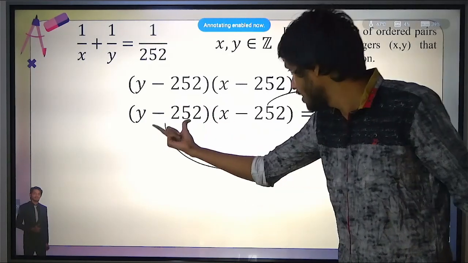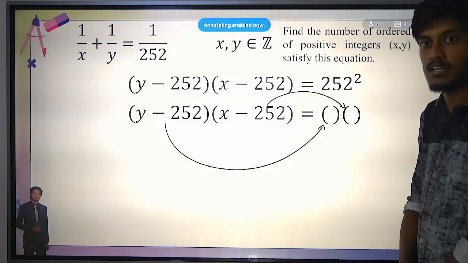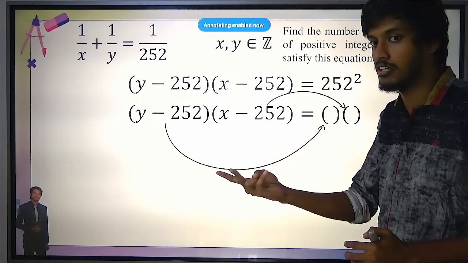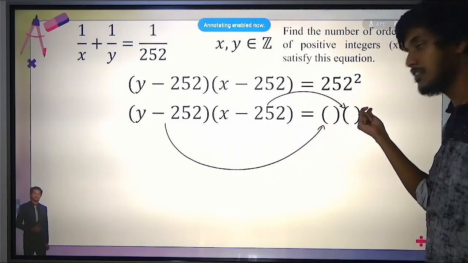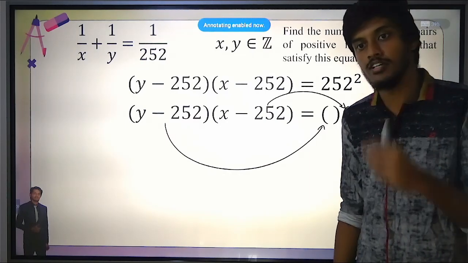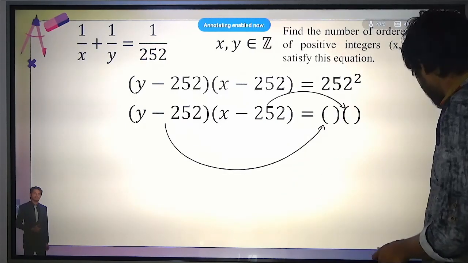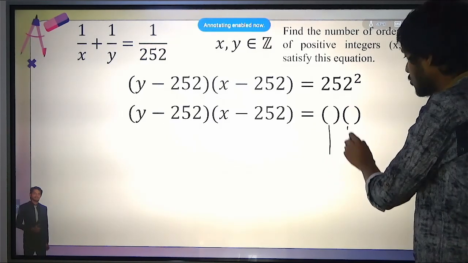Here there are two terms multiplied, here also there are two terms multiplied. In order to solve a system of equations with two unknowns, I need to have two equations. So if I equate this part to this part and this part to this part, I can have two equations. Now the problem is, what are the numbers which satisfy these two places?